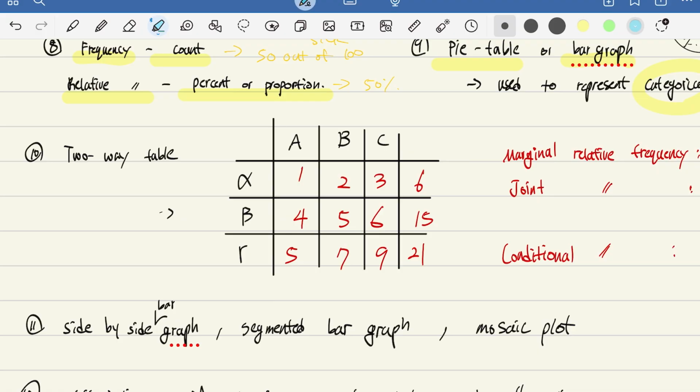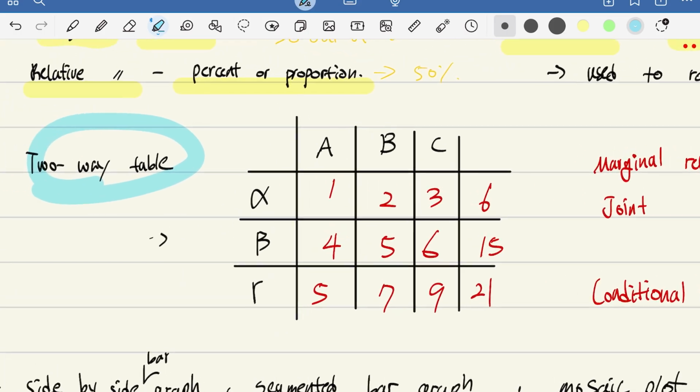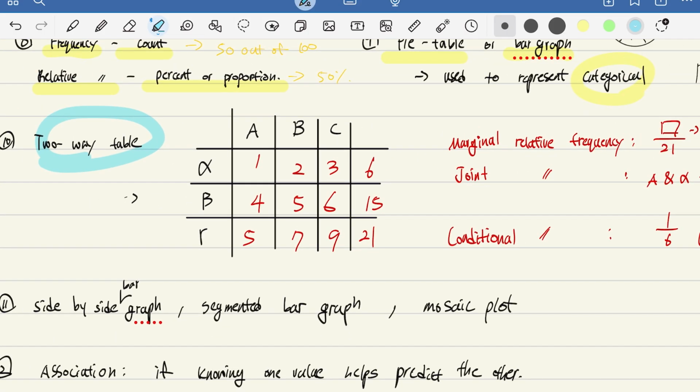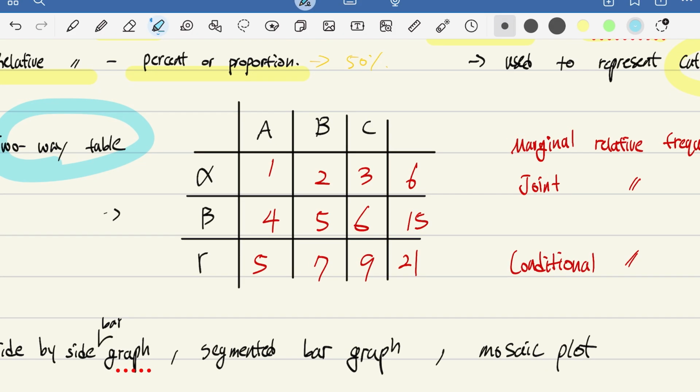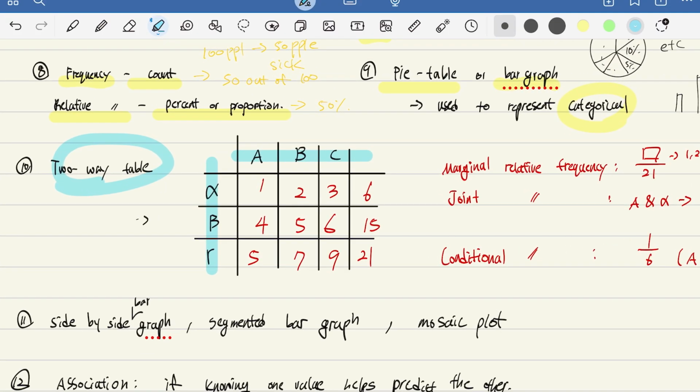And this table, which we call a two-way table, will be the most important thing that you should know in AP Stats. So in a two-way table, it is usually represented as one variable over here and the second variable over here. It sometimes changes, but usually it's this way.